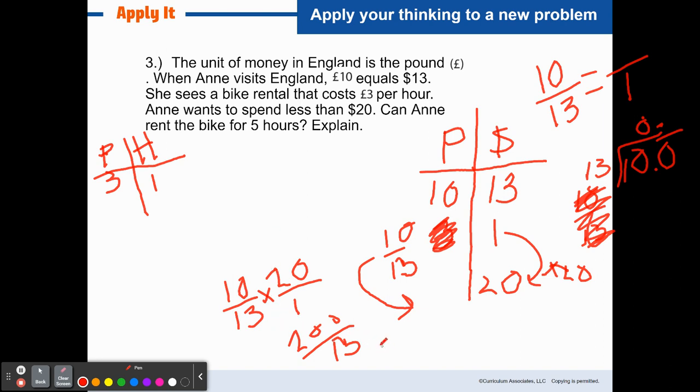However, you will notice that 13 does go into 200 fifteen whole times, and you'll have some left over. 15 times 13 is 195, which means you had 5 left over.